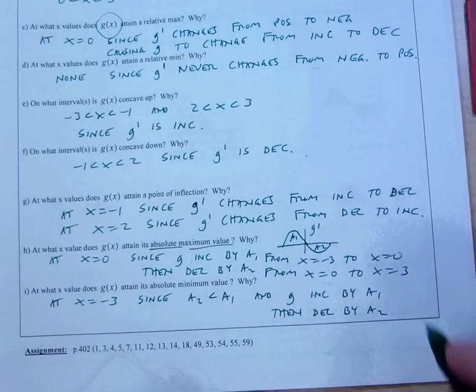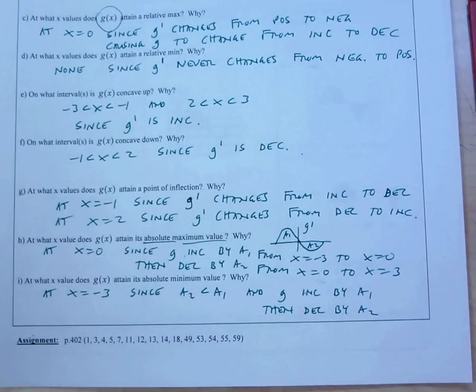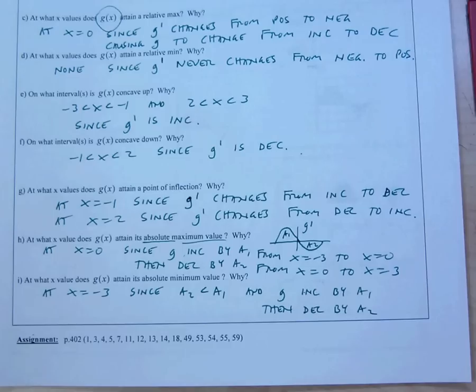So, if this were the AP test, you would have to say all of that, okay? You have to say why, specifically. So again, G increases by area 1, then decreases by area 2, but since area 2 is smaller than area 1, it's going to be bigger at the beginning, isn't it? It didn't go down enough at the end to be smaller than G was at the beginning.